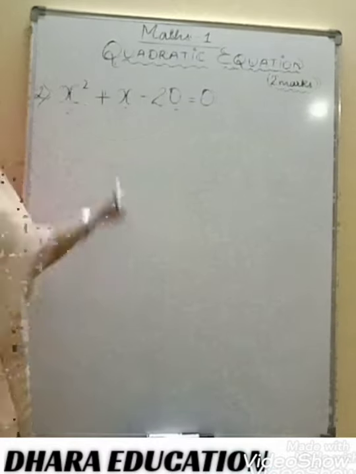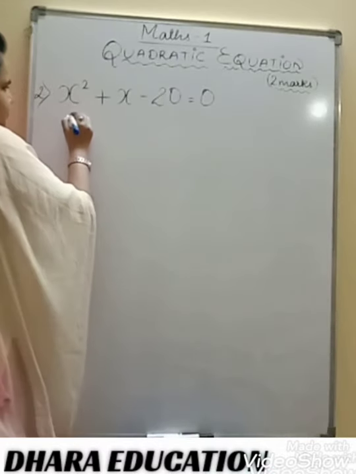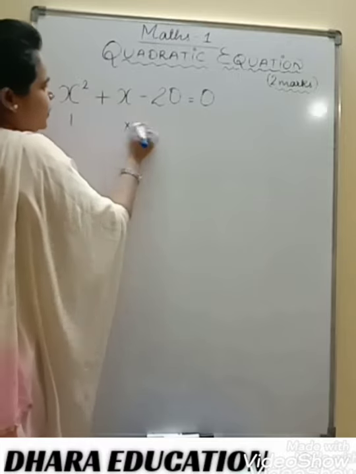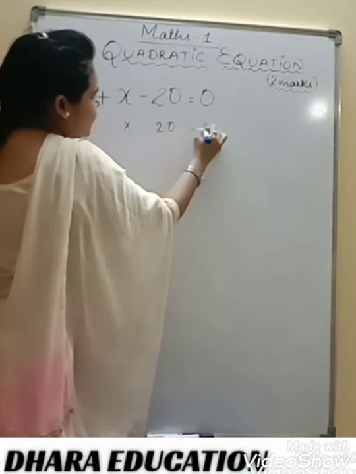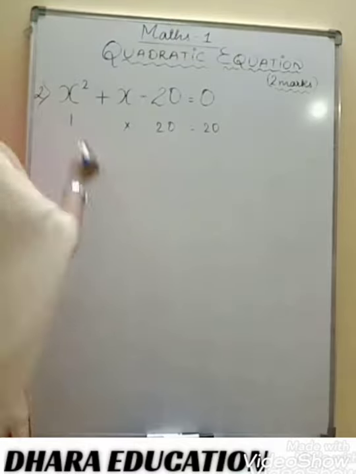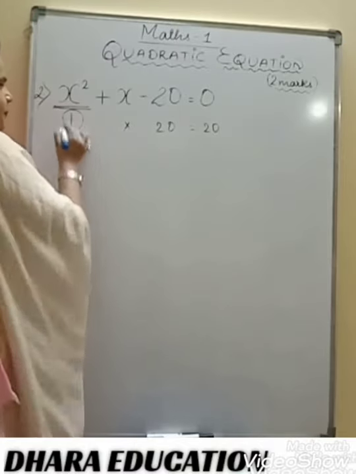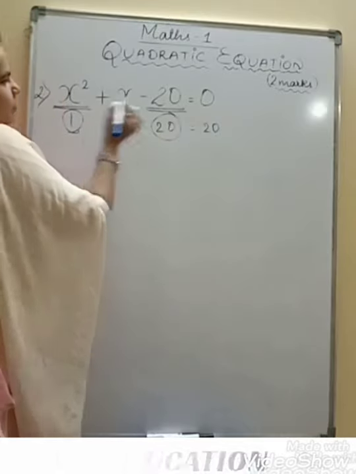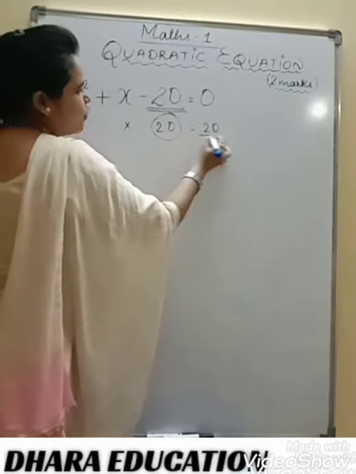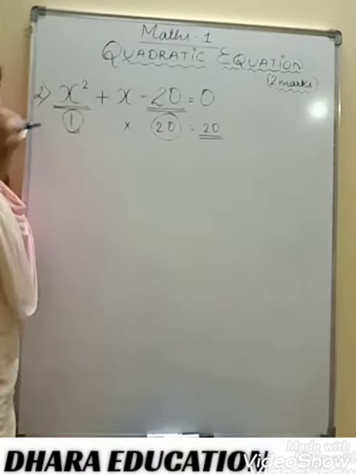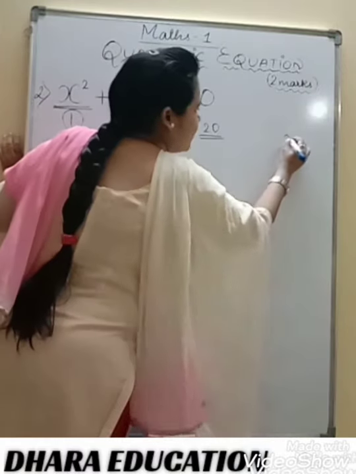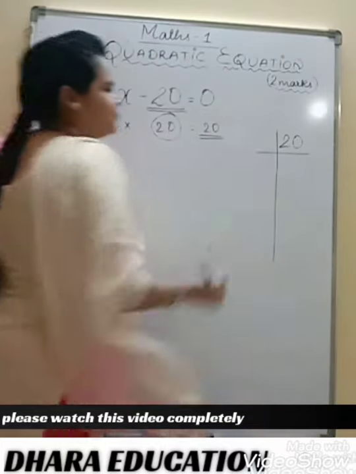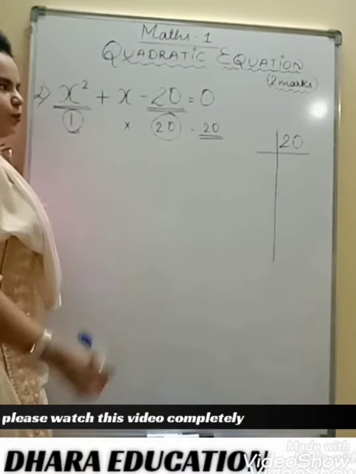Now the first term is 1, and multiplied with 20 gives us 20. I have taken the first term as 1 and the third term as 20. So 1 multiplied by 20 gives you 20, so our factors will be of 20. Again we will solve like the previous video.